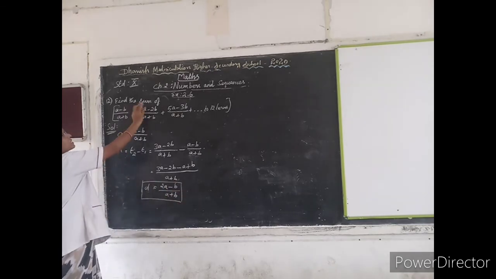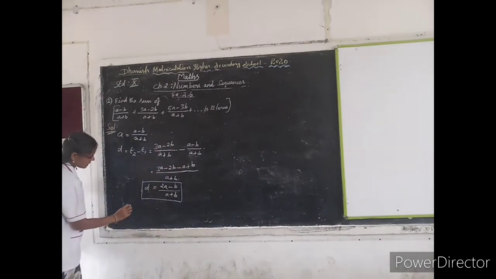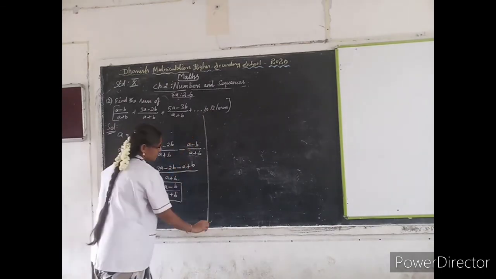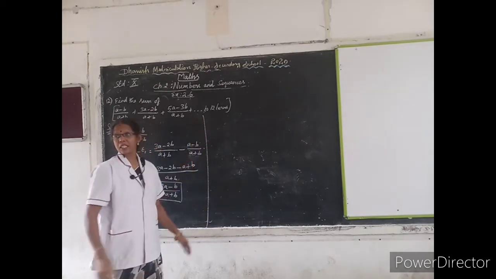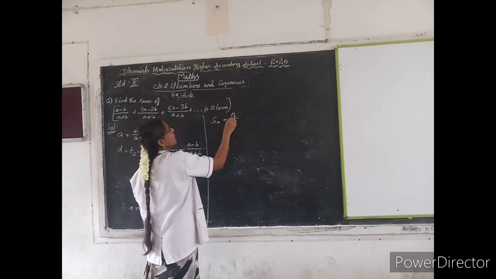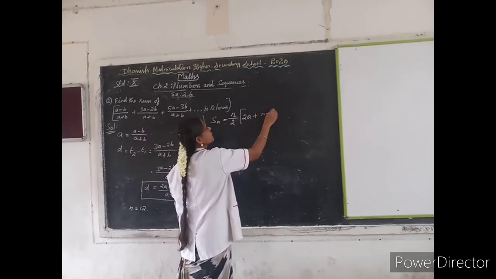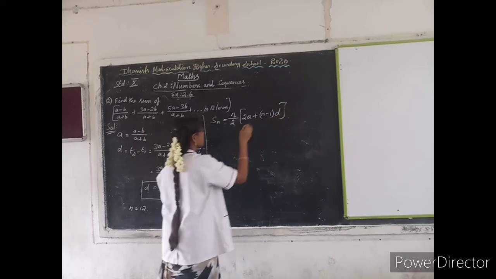Now find the sum up to 12 terms. n is 12. So use the Sn formula. Last term is not given here. So use Sn is equal to n by 2 into 2a plus n minus 1 into d.